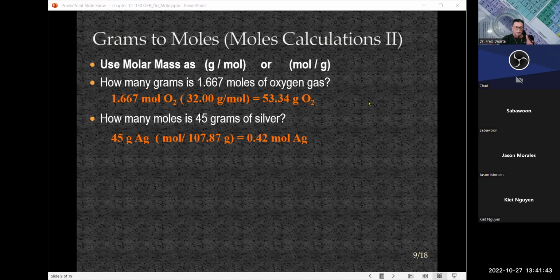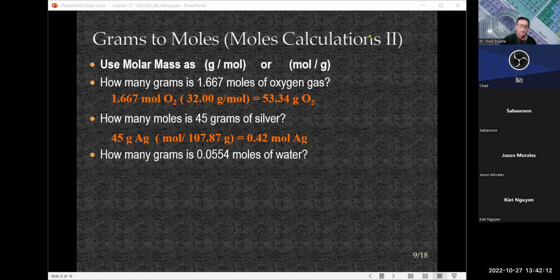Once I'm in moles of silver, I rely on the balanced chemical equation of that reaction, which gives me the new ratio that allows me to go into moles of something else. And once I'm in moles of something else, based on the molar mass, I can get to grams of something else. Our middle unit, our common factor here, is moles.